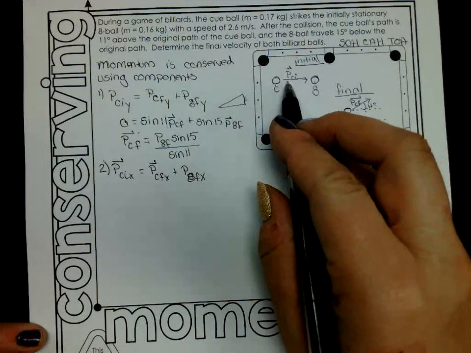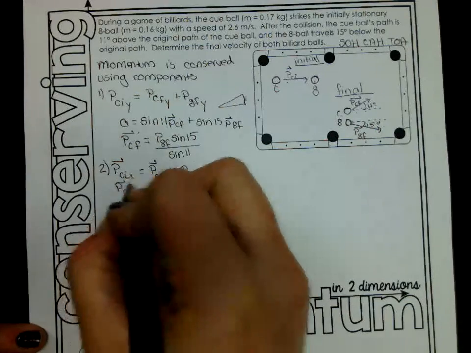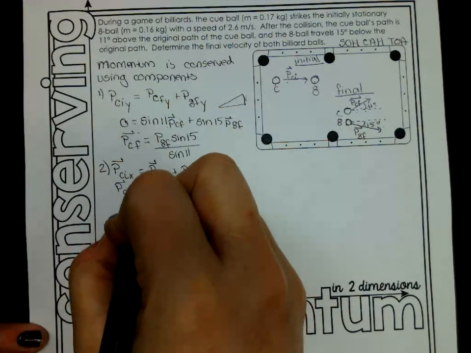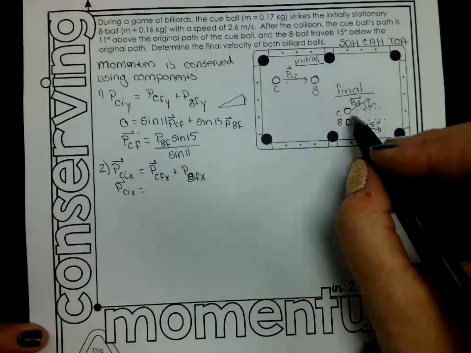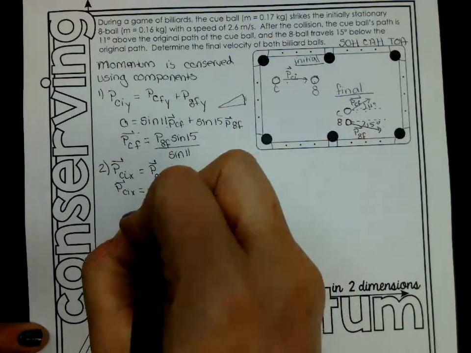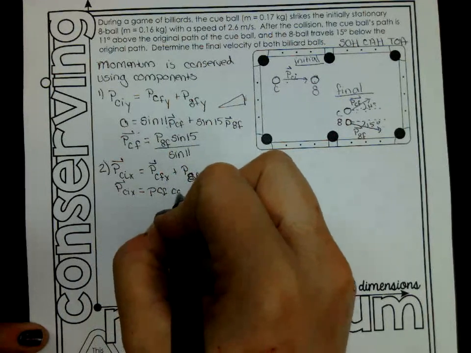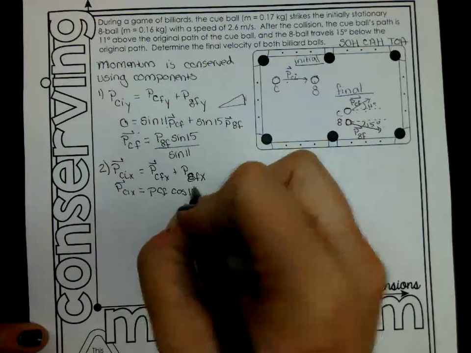So we have the momentum of the cue ball initial in the x direction is equal to the momentum of the cue ball final cosine of 11 degrees.